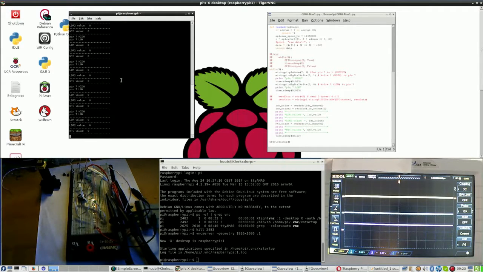Suddenly, although I clearly see here some peaks and spikes, let me try to change the timing. Now it's 5 microseconds. Back to 200, 500. You clearly see some spikes going on.